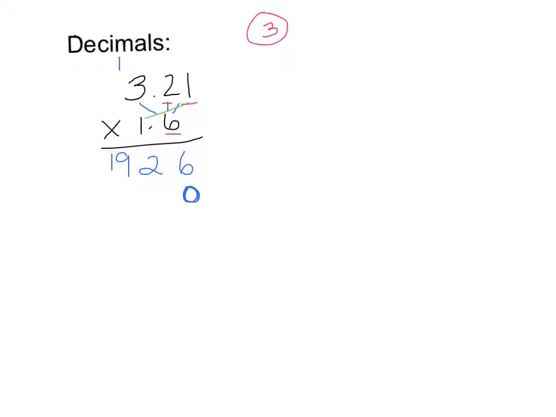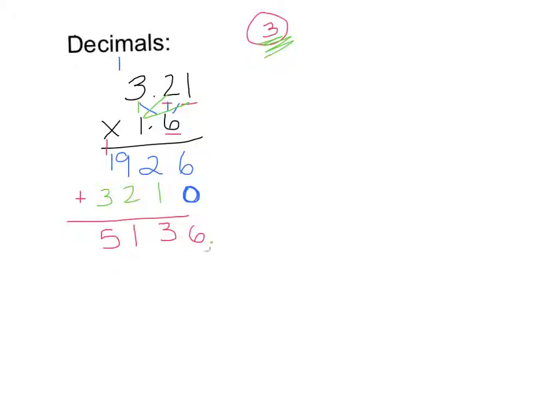And then I'm going to go through with the 1. 1 times 1 is 1. 1 times 2 is 2. 1 times 3 is 3. I'm going to go ahead and add what I have here. 6 plus 0 is 6. 2 plus 1 is 3. 9 plus 2 is 11. So I put the 1, carry the 1. 1 plus 1 is 2, plus 3 is 5. So I've got 5136, but this is when I take into account the 3 decimal spaces.